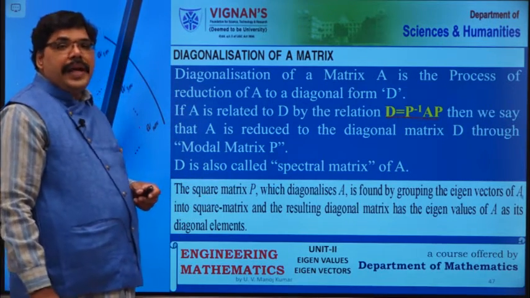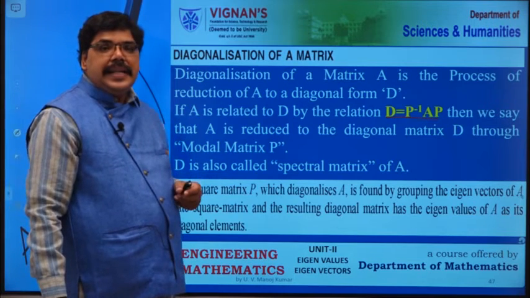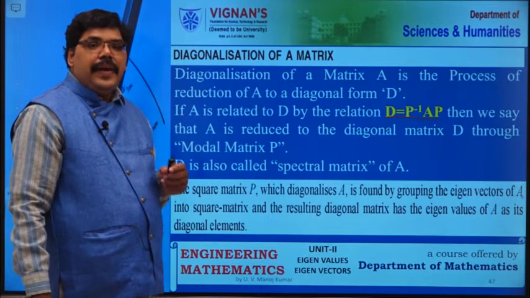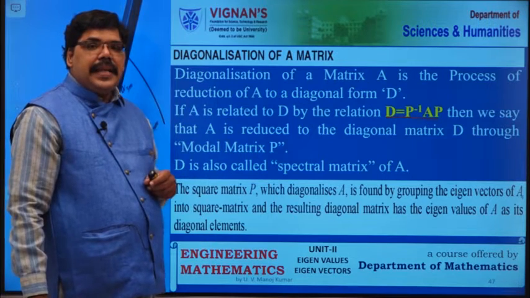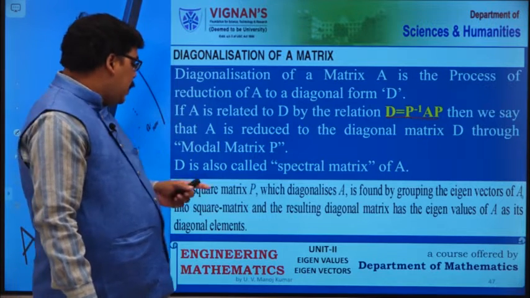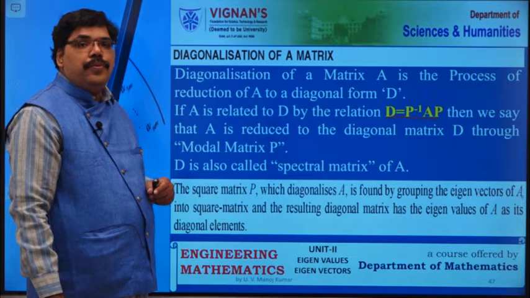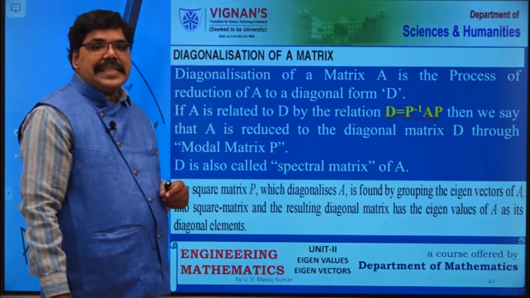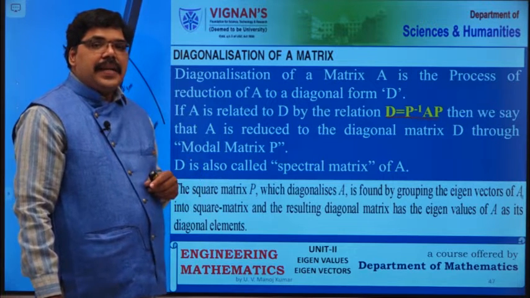So, how to find the model matrix and spectral matrix when a square matrix capital A is given to you? Here it is mentioned how to find P, the model matrix, and D, the spectral matrix.